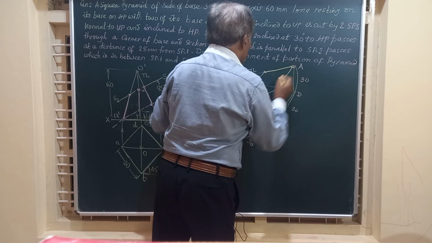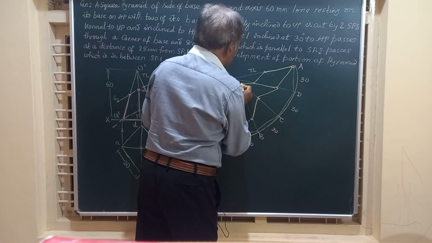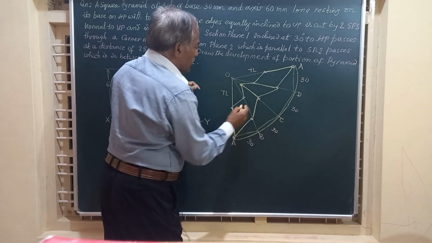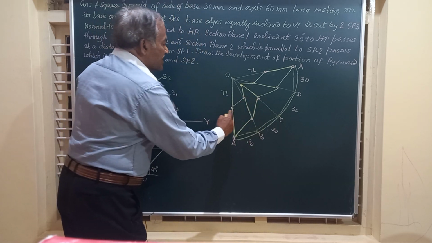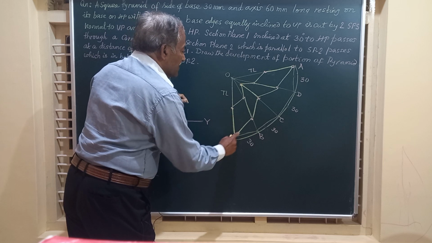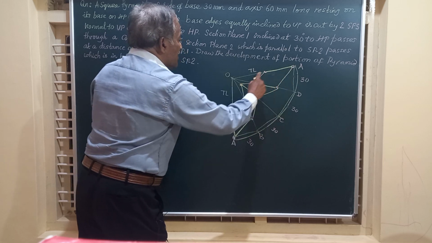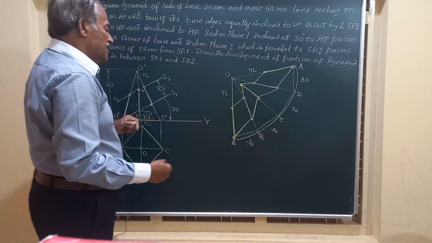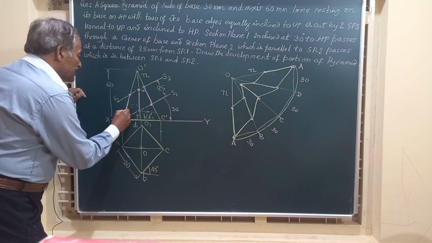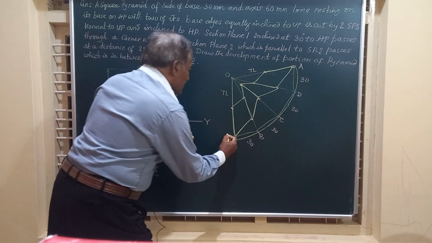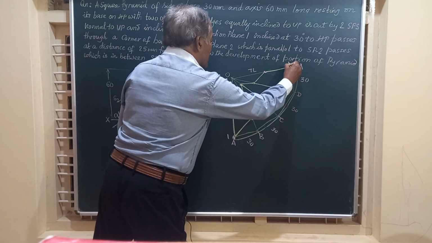This is also by full line, and all these slant edges are also retained. Friends, this portion will give you the complete development. If you want, let us mark the points also. This is 1 on the bottom, 1, 1.